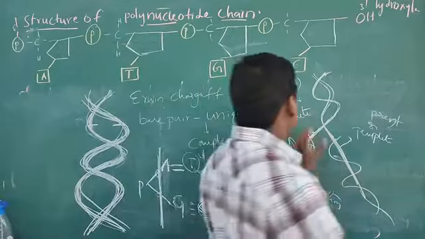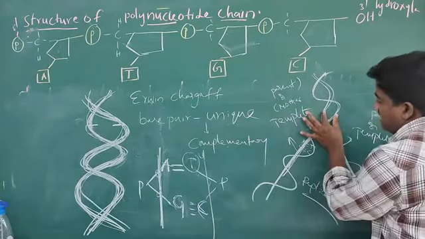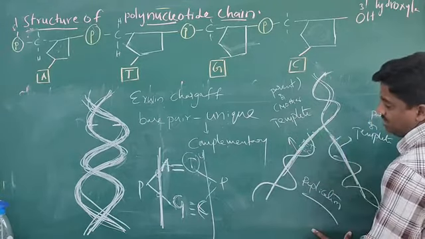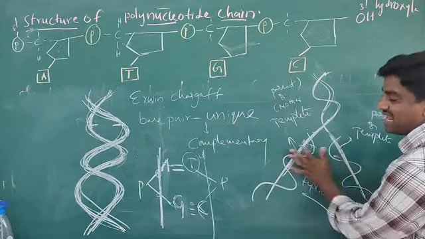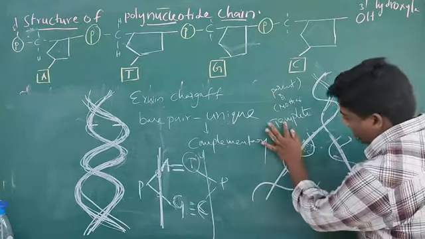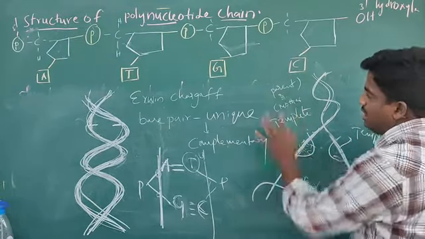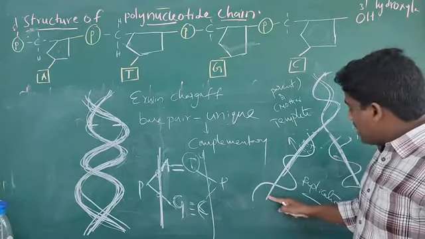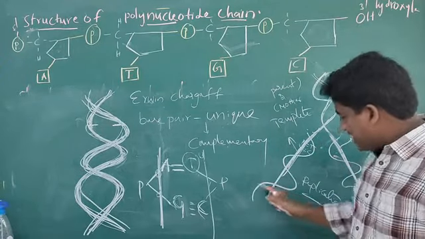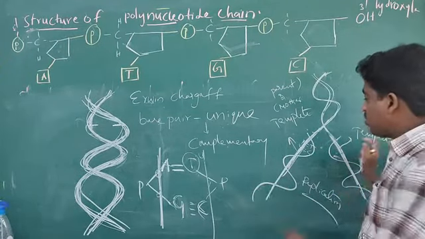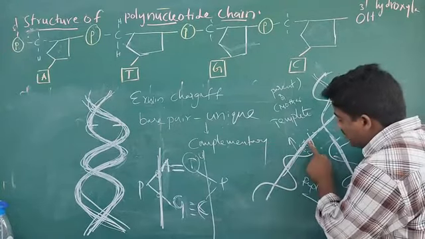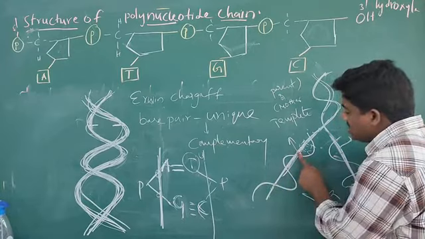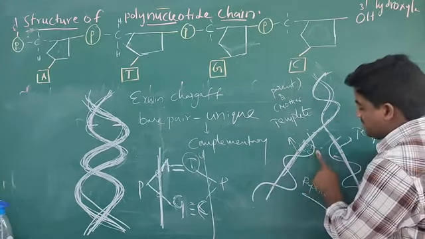Once again, see: in the DNA, each strand is separated and acts as a template strand, the parent strand, for the formation of the daughter strand. The daughter strand has the complementary nitrogen bases in the opposite strand.